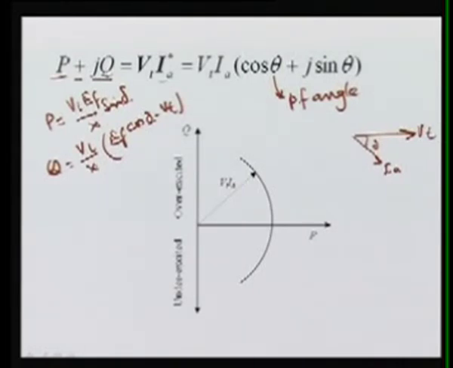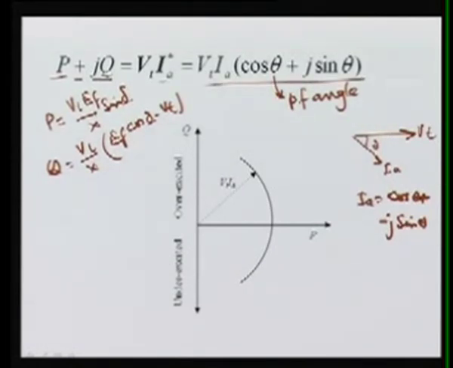So, we can take the cosine component and the sine component. I can write the vector Ia as Ia cos theta minus j sin theta, because it is lagging, let us suppose. Since we are taking the conjugate, it will be positive, and then we can write with this expression.